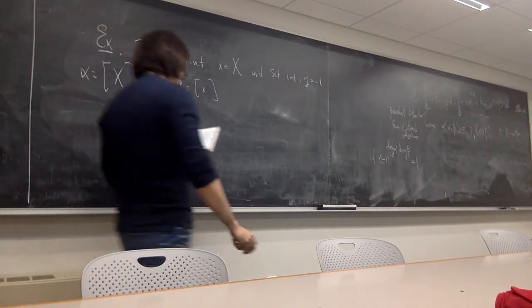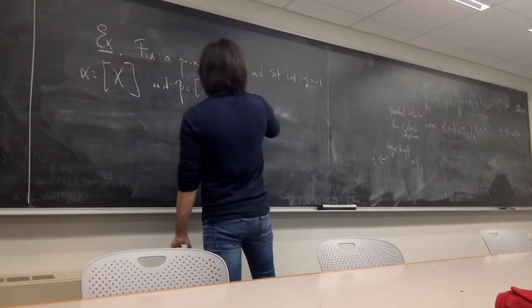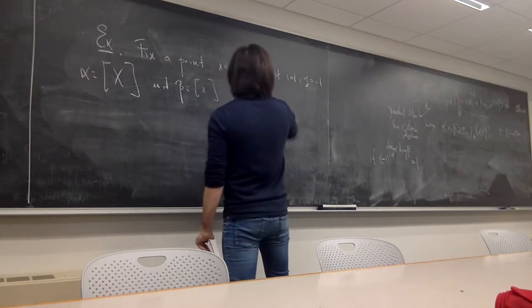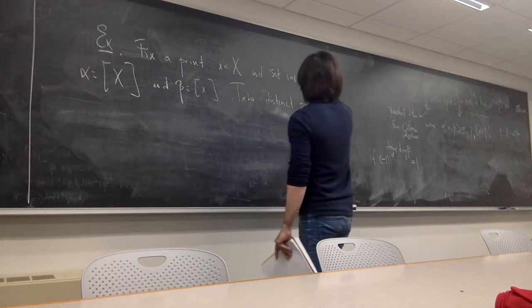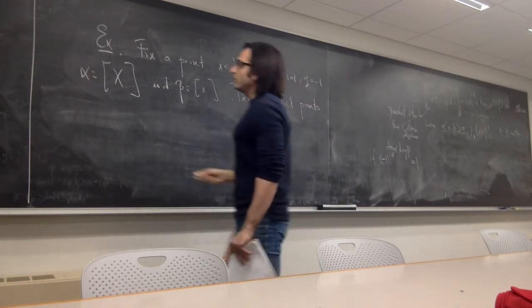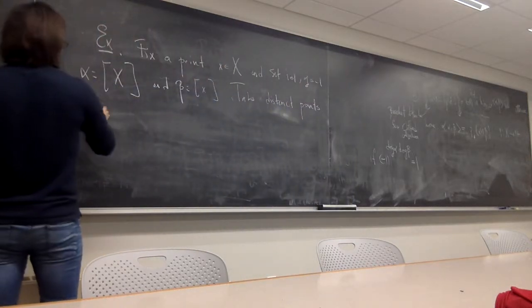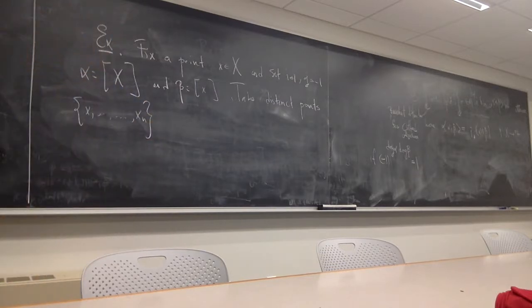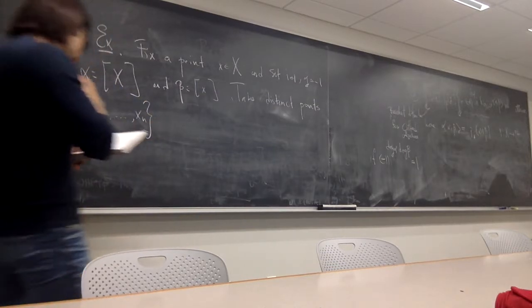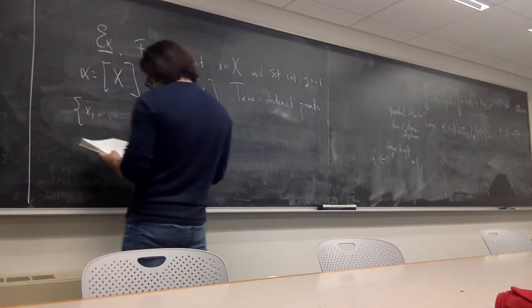Now take distinct points, let's call them x1 all the way to xn, and let J be the ideal of those points.